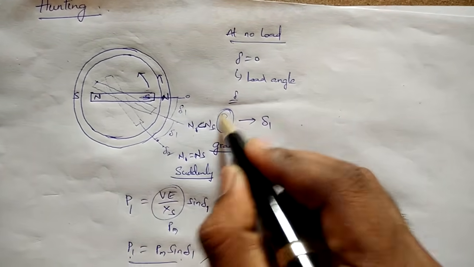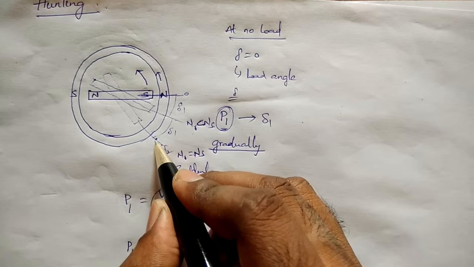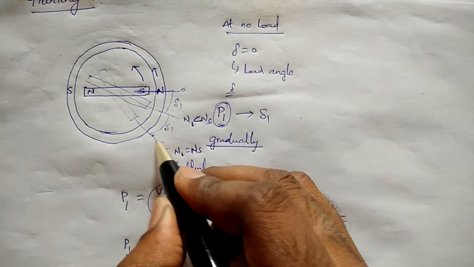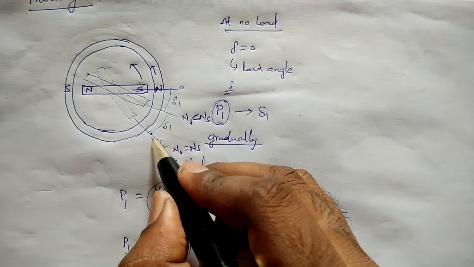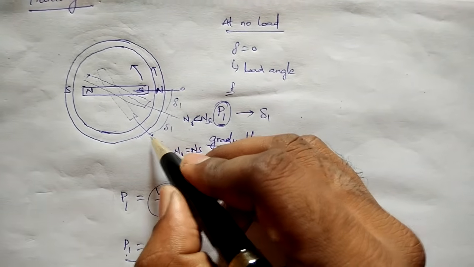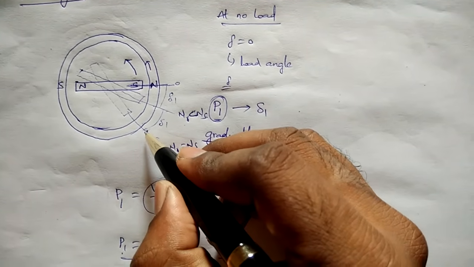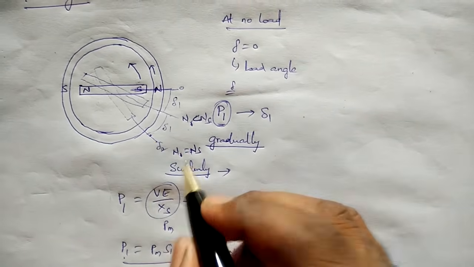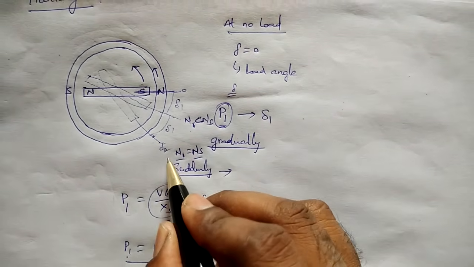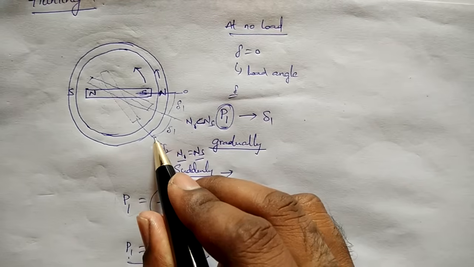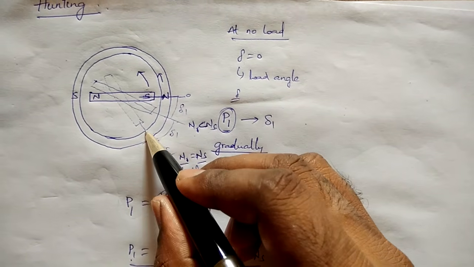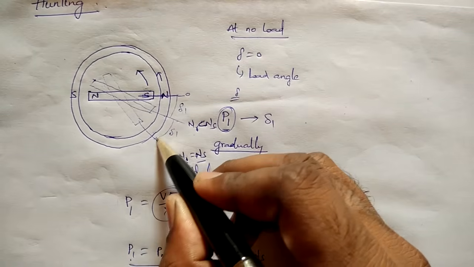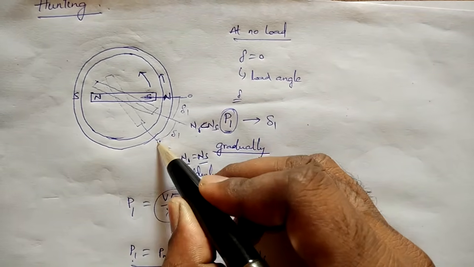P1 is the load. So here equilibrium is not established. Again power input is more, so it will try to accelerate more than the synchronous speed, because at this position Nr is already equal to Ns. So it will go like this again.